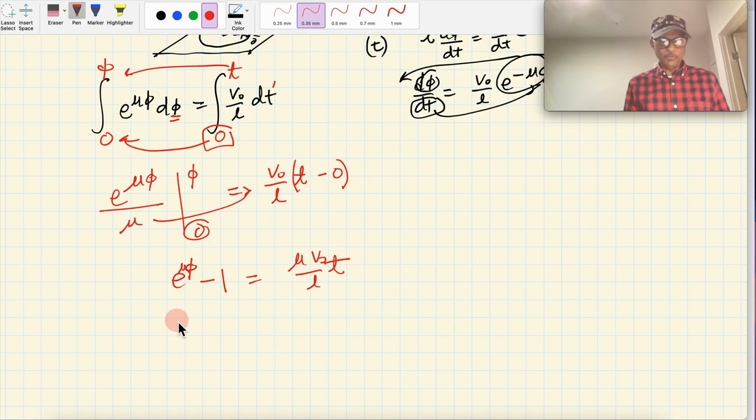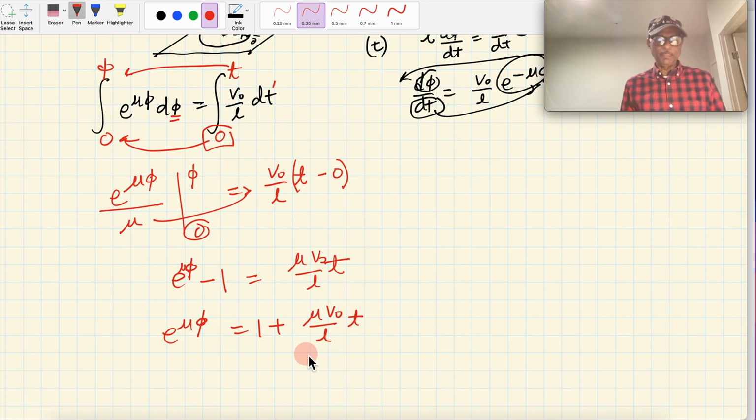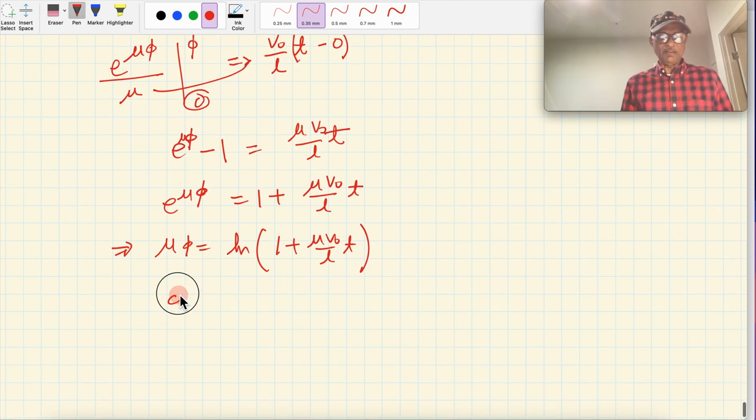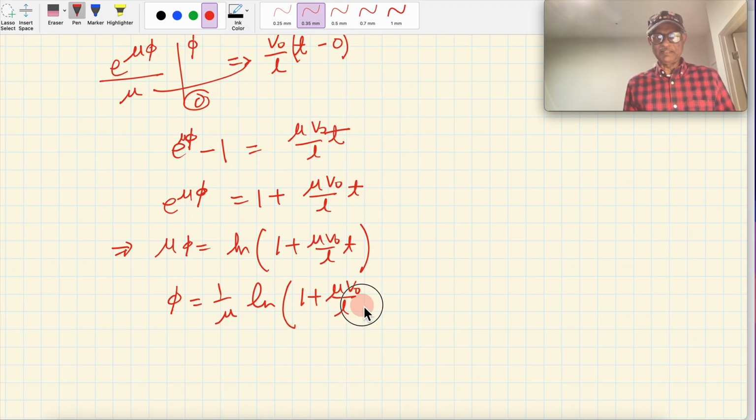So we know e to the power mu phi is 1 plus mu v0 over L t, and this tells you that mu phi is log of 1 plus mu v0 over L t. So phi itself is 1 over mu times log of 1 plus mu v0 over L t.